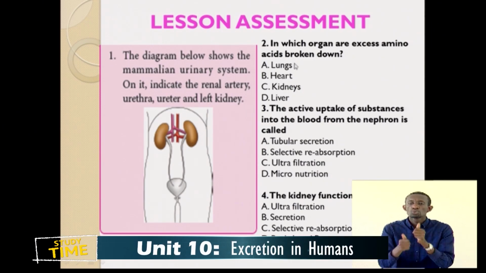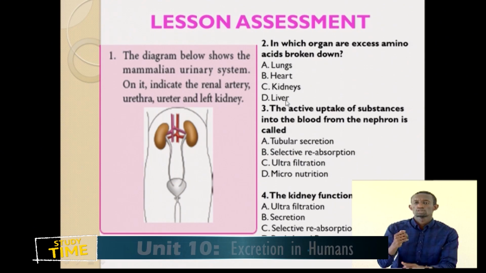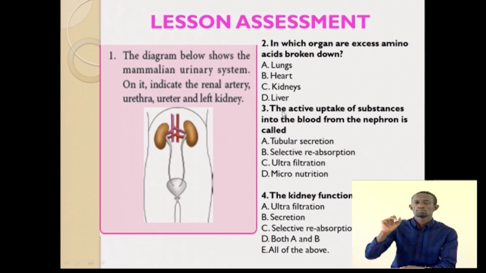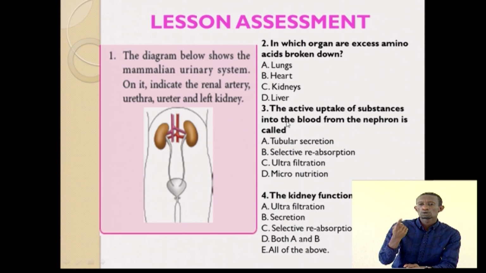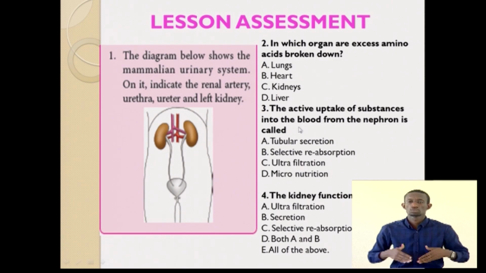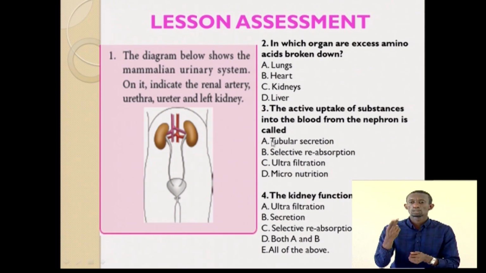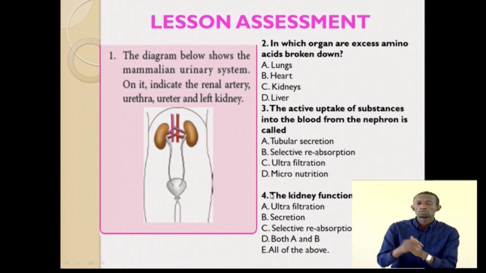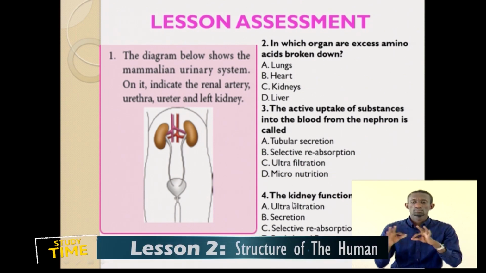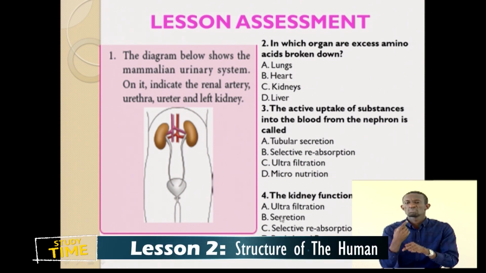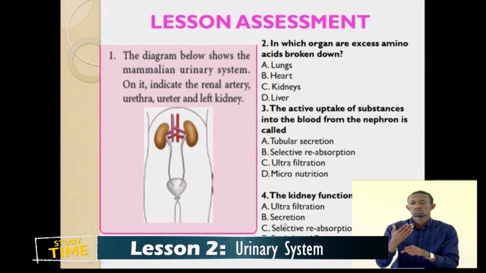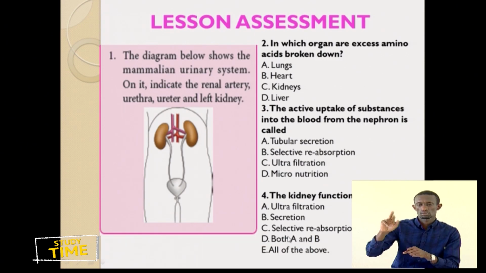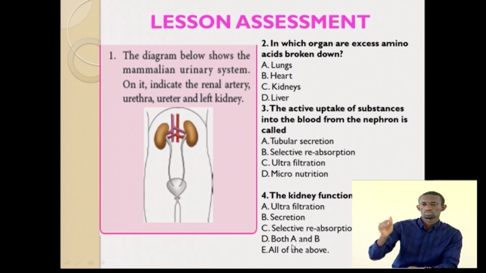The lungs, the heart, the kidney, or the liver. Number 3, the active uptake of substances into the blood from the nephron is referred to as dash. We have A, B, C, and D. The last question says the kidney function is achieved by ultrafiltration, secretion, selective reabsorption. Both A and B are correct, or all of the above are correct.